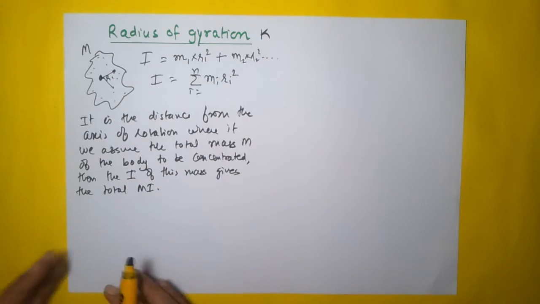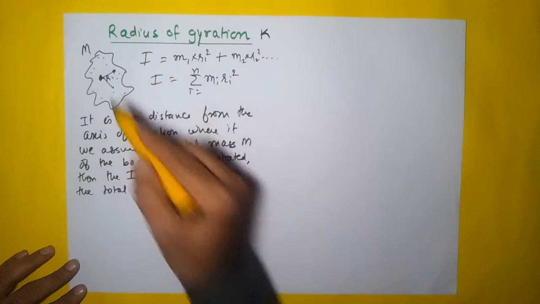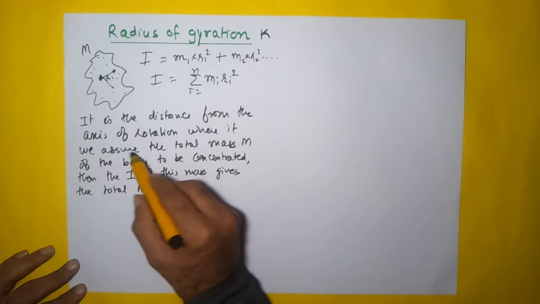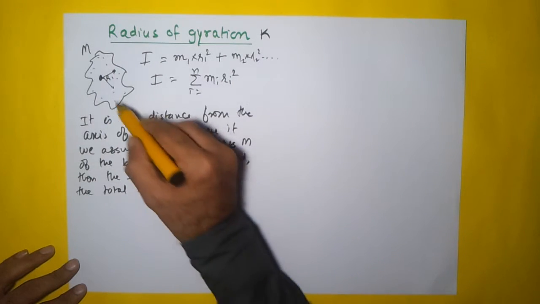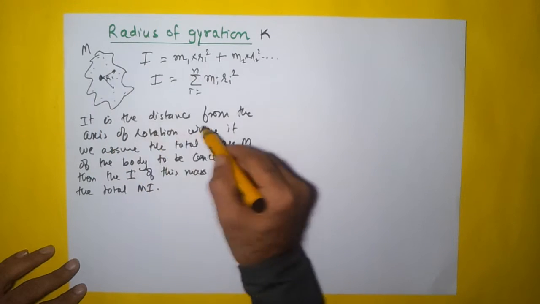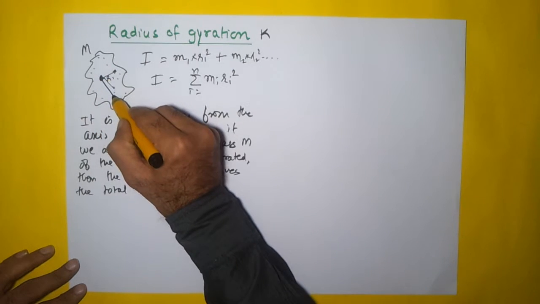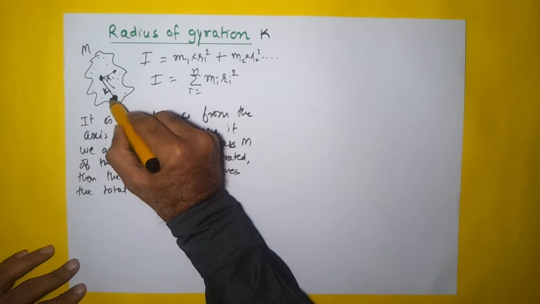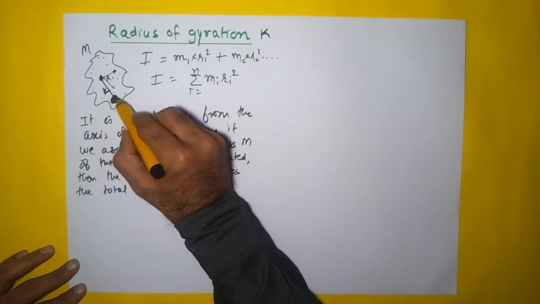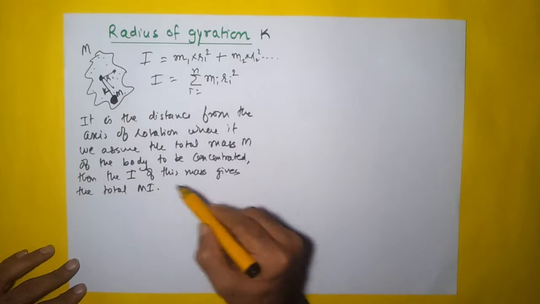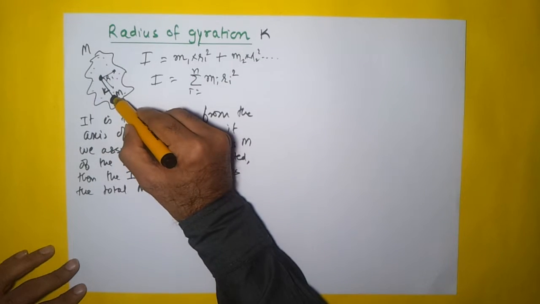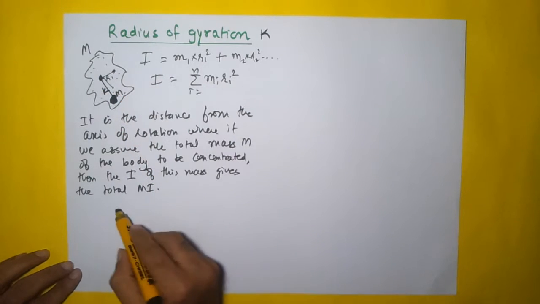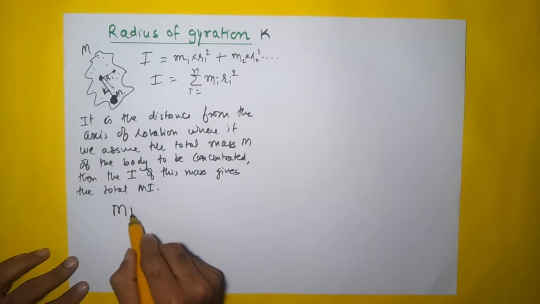Too many words over here, let me explain this. We have taken this particular body and we have the moment of inertia I. Now, the radius of gyration of this body will be that distance from the axis of rotation, denoted by k, where if I assume the total mass of the body, capital M, to be concentrated, and I find the moment of inertia of this, it will be Mk square.